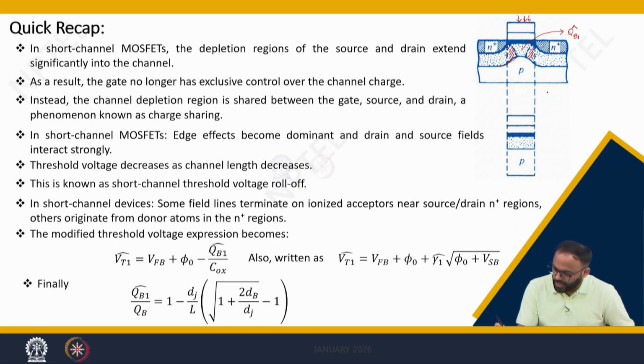We calculated that QB dash 1 cap by QB is less than 1, meaning the channel charge controlled by the gate is lesser, and hence the body effect is lesser than the body effect of the total channel, which means the threshold voltage is reduced.